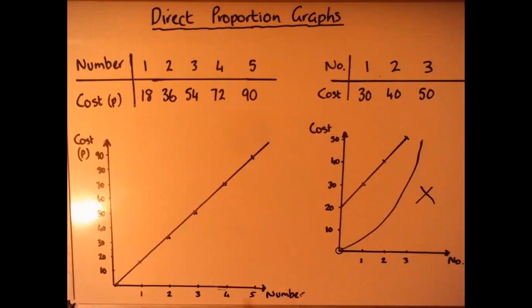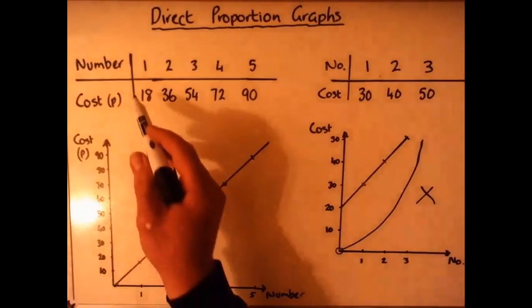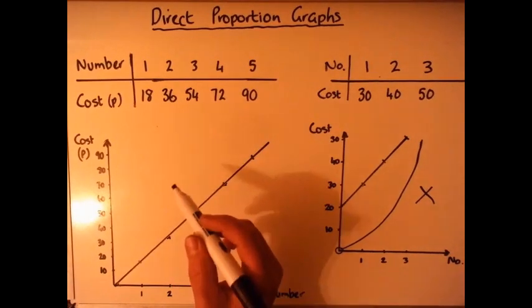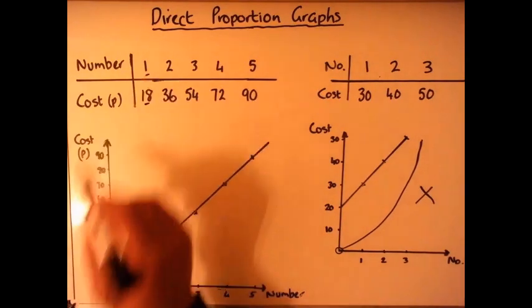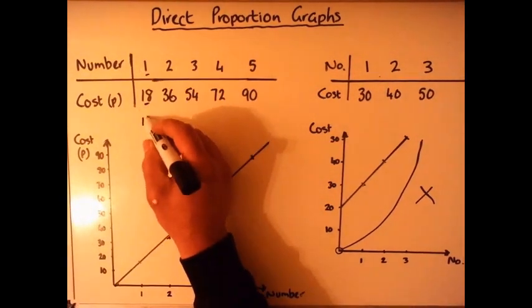However, there's another way you can quickly check if things are in direct proportion, and it doesn't really need the graph. You can do it just by looking at your table of results. So if I look at this table of results I had in the last lesson, what I can do each time is take this big number and divide it by the small number. So when I do 18 divided by 1, I get 18.